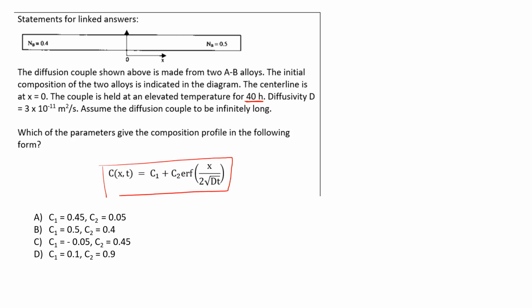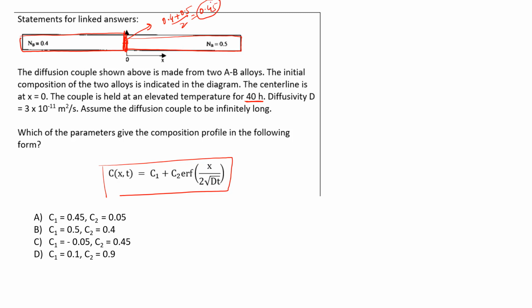So guys, for this type of situation where we have the two alloys with different concentration joined together, okay, like this and like this. So this is the junction. So at this junction, the initial concentration, we take it as the average of this, okay. So it will be basically 0.4 plus 0.5 by 2, that will be 0.45, right?